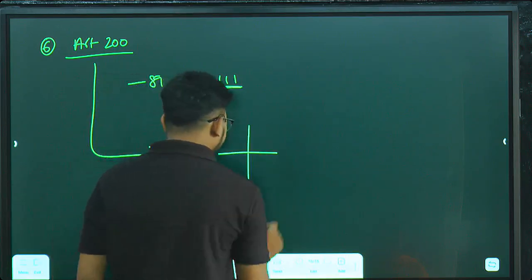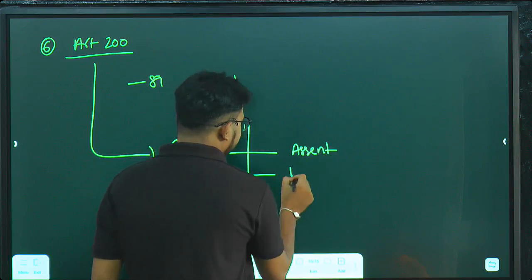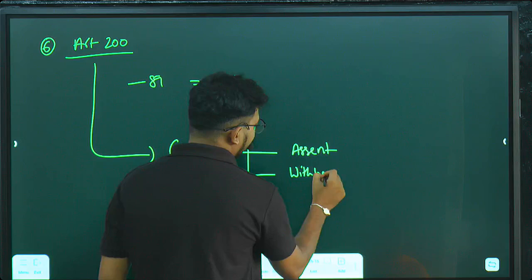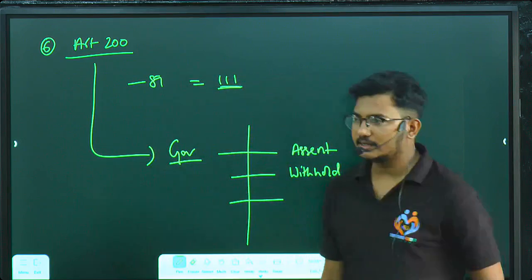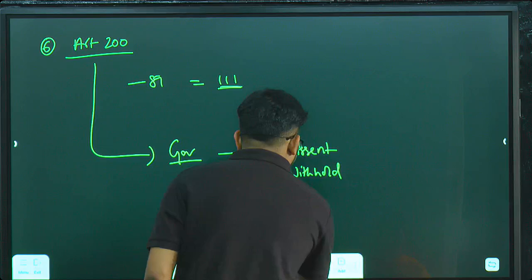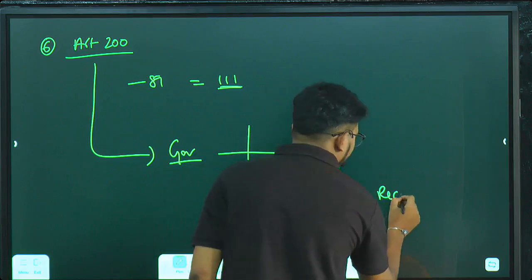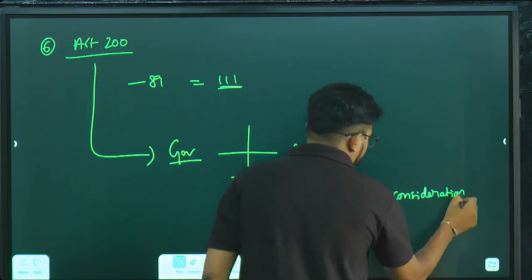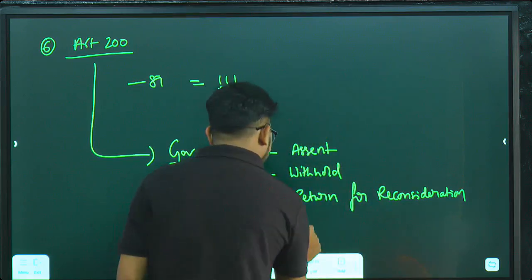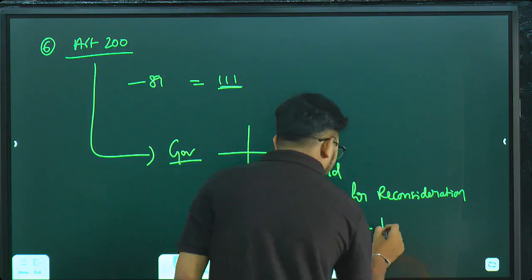One is he can give his assent. Second, he can withhold. Third, he can return for reconsideration. And the fourth one is he can reserve the bill for the president.